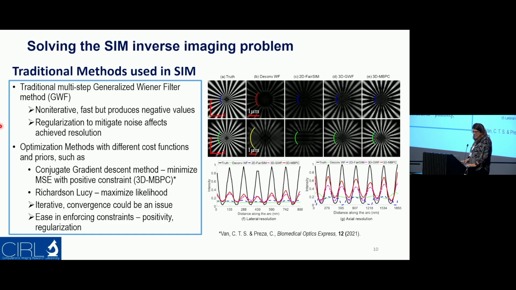So the optimization methods that have been developed over the years come in different flavors because they use different cost functions and priors. So one method is the Richardson-Lucy that maximizes the log likelihood. One method that we developed is based on the conjugate gradient descent method and minimizes the mean square error with positivity constraint.